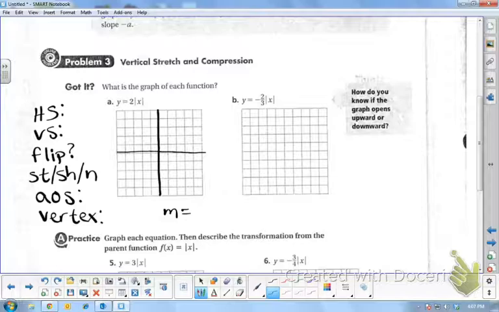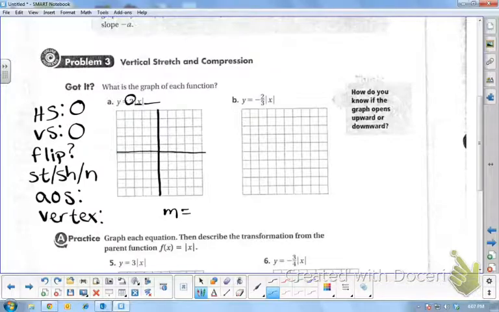So horizontal shift is normally behind the letter x inside the absolute value. Now there's nothing in there, so we have 0 horizontal shift or none. You can either write none or 0, doesn't matter. Same thing with vertical shift. There's no number out there, so we put 0. We look at the number in front to see if it flips or not.